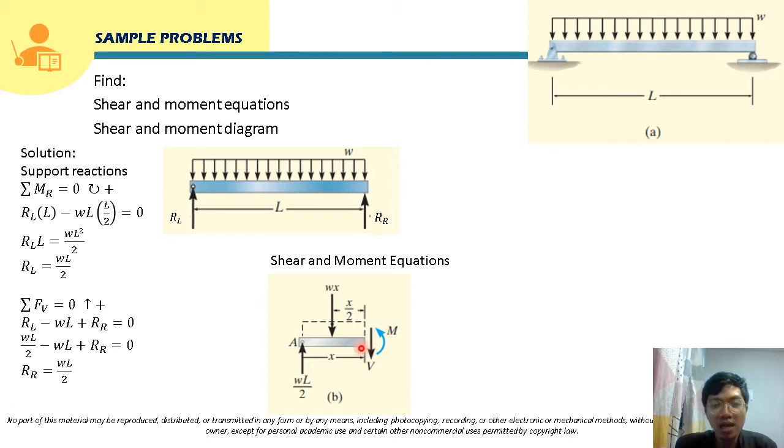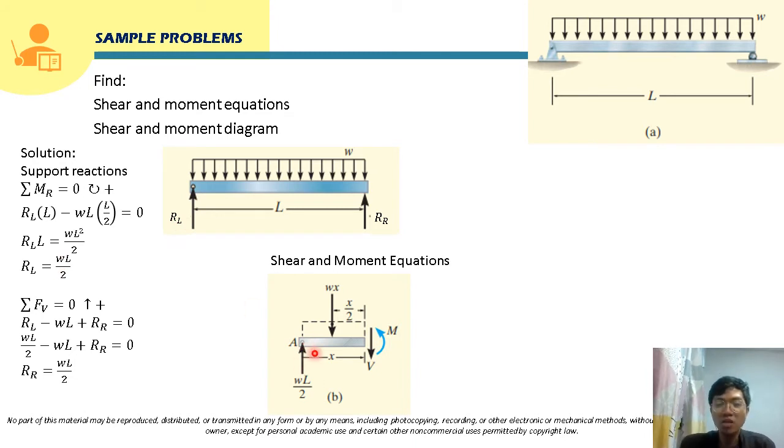Here we of course consider the loading applied on this segment, so there will still be a uniformly distributed load here. This is the applied loading, and we will also include the reaction at the left support, which is WL over 2.